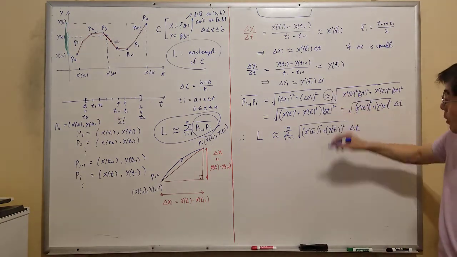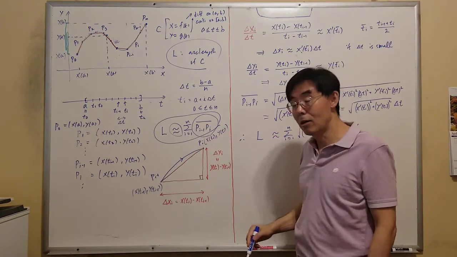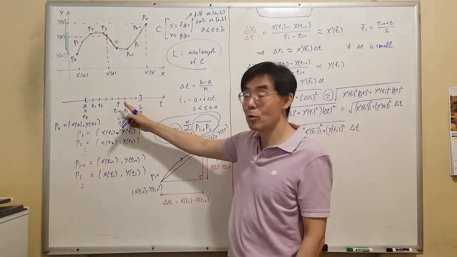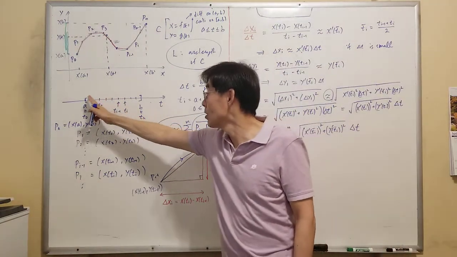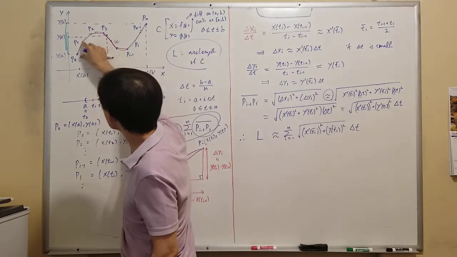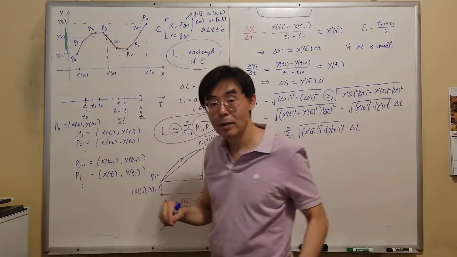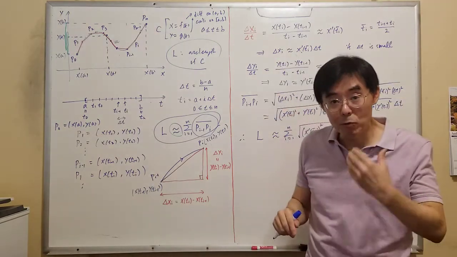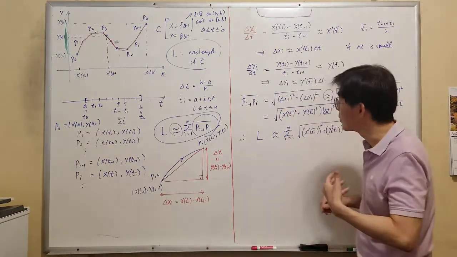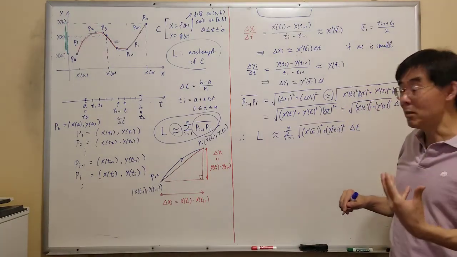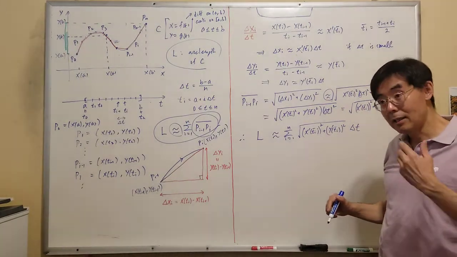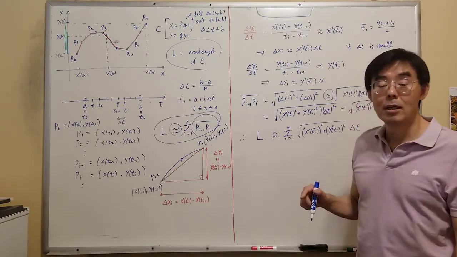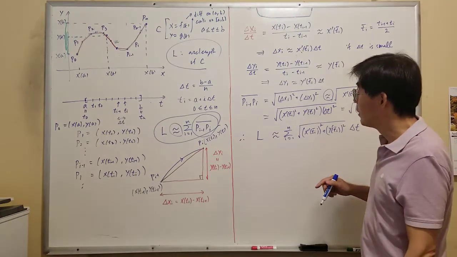Now this approximation and this function, both of them are getting better and better as n goes to infinity, as n is larger and larger, the subdivision is smaller and smaller and closer and closer to each point. So this piecewise linear approximation to the curve will be getting better and better. If you imagine the limit as n goes to infinity, that value will definitely be approaching the true value of the arc length.